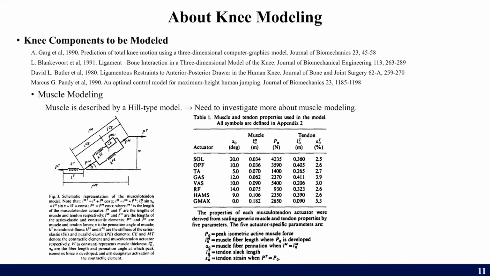As I learned before, many papers use the Hill type model, but I need to study and investigate more about this model. But I will use the Hill type model. The picture is the schematic of the Hill model, and the table is the information about the model parameters.